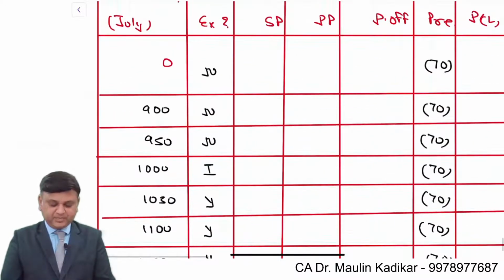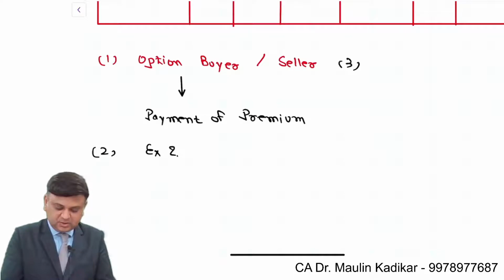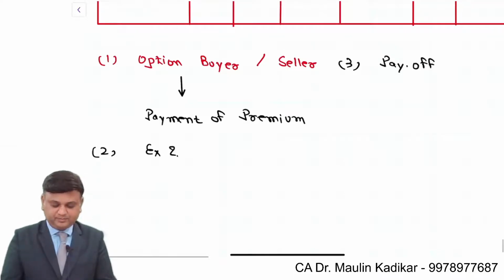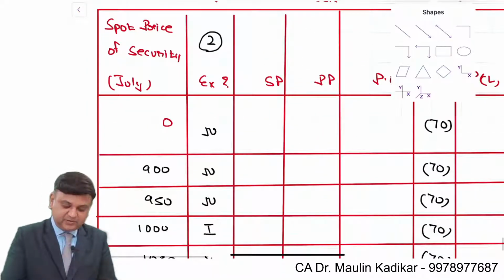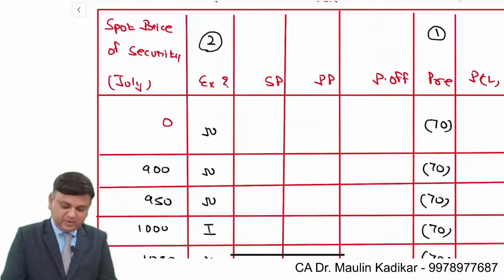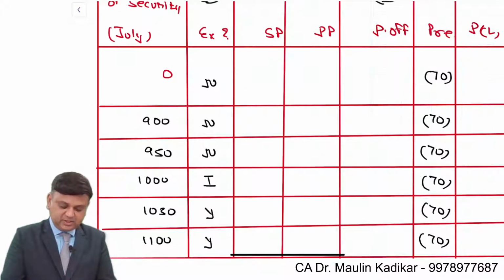Now, if you do not exercise your right, the third thing is you make the computation of the payoff. If you do not exercise your right, then of course the payoff will be zero. So over here the payoff is zero.